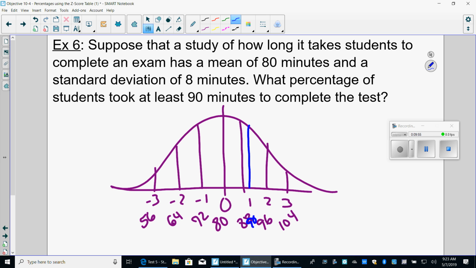Like when you just put it in the table, listen, what percentage do you get? 90% or 89%? Will 89 be a choice on the test? And if you're not paying attention, what will you choose? 89.